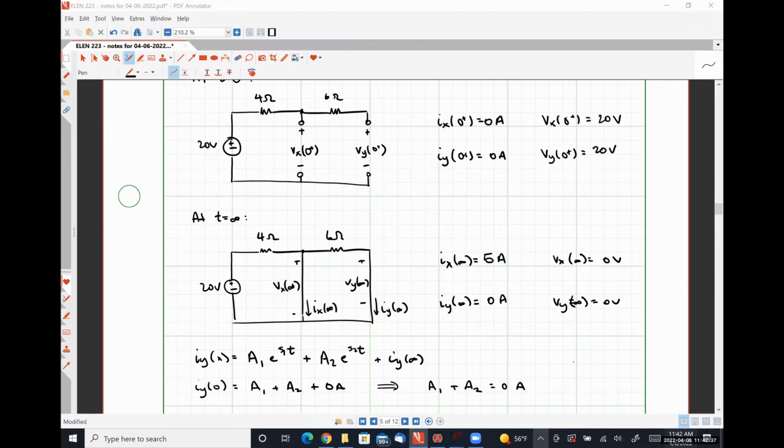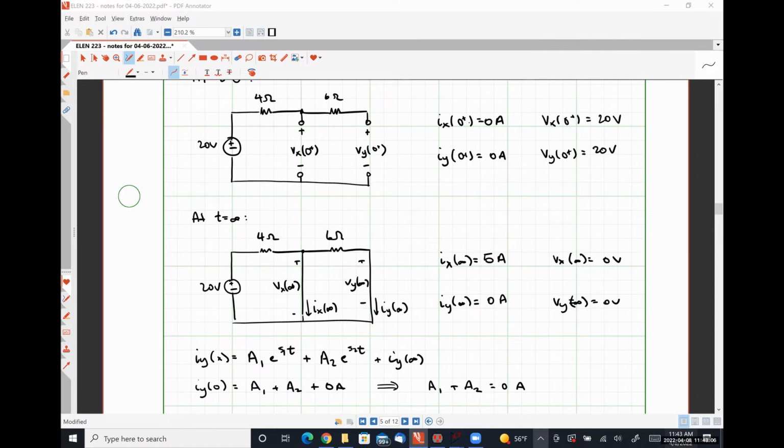So let me go back one smidge here because Taj asked how are Vx and Vy 20 volts at t is equal to 0. So Vx and Vy are 20 volts at t is equal to 0 plus specifically because since there's no current flowing through the 4 ohm resistor and there's no current flowing through the 6 ohm resistor, there cannot be a voltage drop over either of those resistors, right?